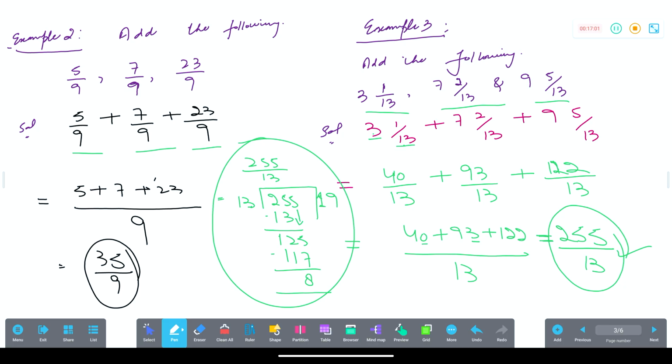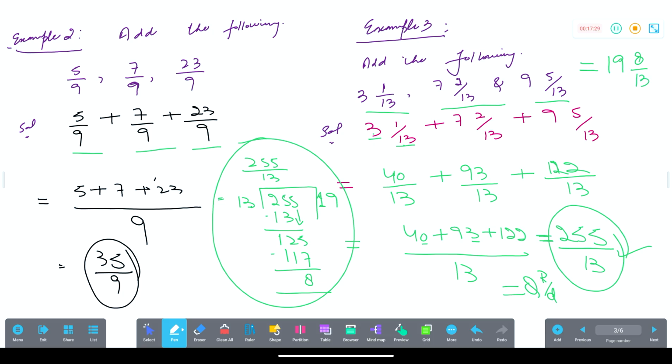Now what will be its mixed fraction here? We can write its mixed fraction as Q R divided by D. I have just shown you this, how we are doing it in the previous lecture. The Q R by D, the answer I will write here. I am not having enough space, so it will be 19 first. Then remainder is 8 by 13. Divisor is 30.